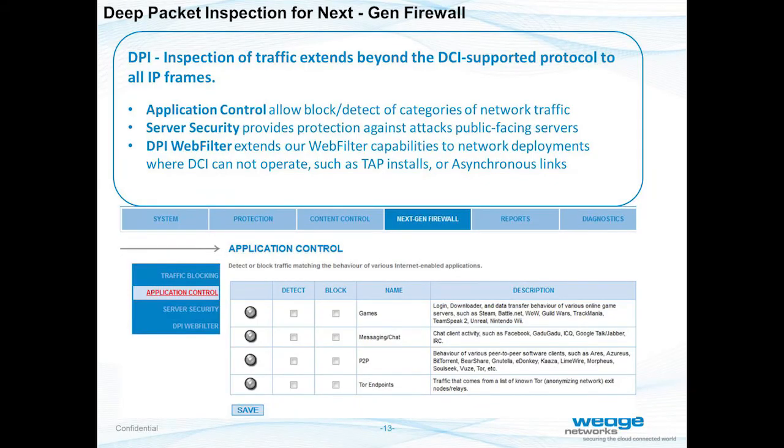Now, the application control, as you can see, here is a part of the interface where we can now go in and allow the administrator to block or to control things such as torrents and P2P or whatever have you, or at least monitor them.